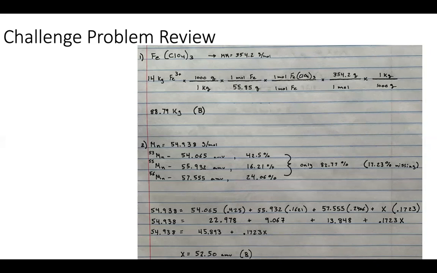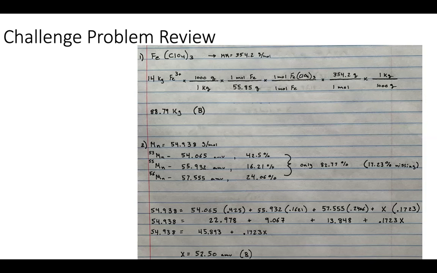The mass is 54.065, and its abundance is 42.5%, which in decimal form is 0.425. To that, we add the information from manganese 55: the mass is 55.932 times its abundance in decimal form, 0.1621, plus our information from manganese 56. The mass of manganese 56 is 57.555 AMU, multiplied by its percent abundance, 0.2406.